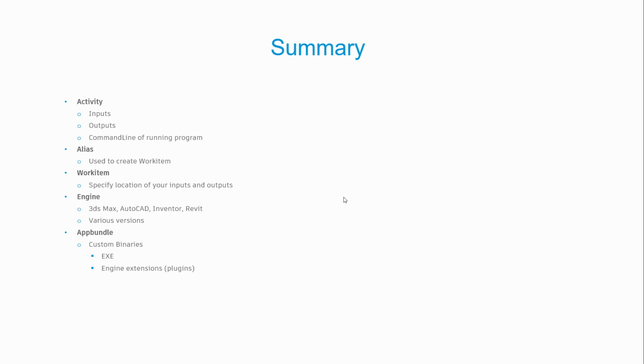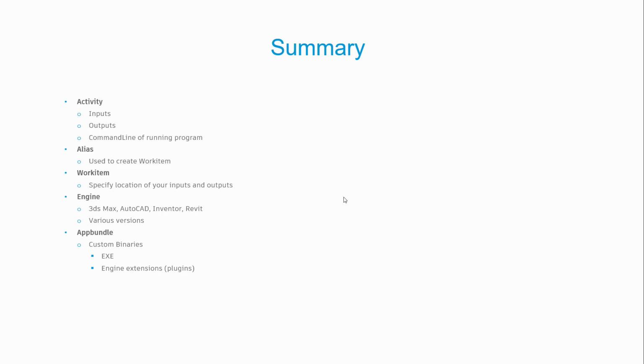Forge Design Automation was created because it offers engines of 3ds Max, AutoCAD, Inventor, or Revit in various versions. These are also just programs available on Design Automation. To make sure the engine program is available in your activity, you have to specify the proper engine and its version in the activity. If you need to execute your own binaries, either as an exe or as an extension of the engine, you have to deliver them to Design Automation.